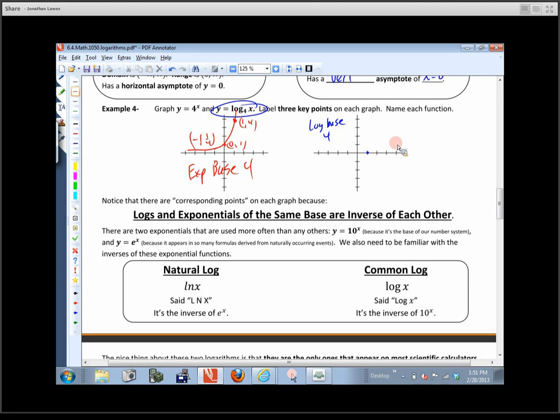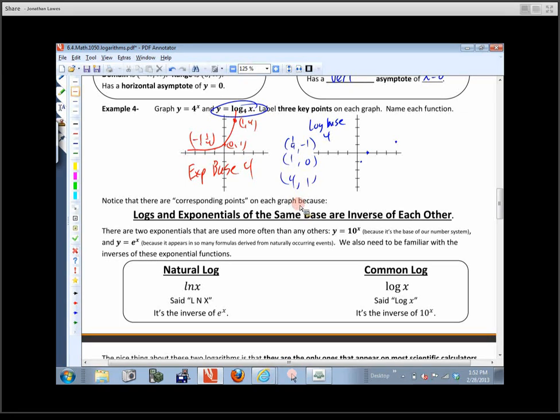The next most convenient point to graph would be (4, 1). And then this one is going to be (1/4, -1). So again, it's these points right here. You can quickly write them down. -1, 0, and 1. That's a 1, the reciprocal of the base right here, same as the base right there. Those are the 3 key points it goes through.